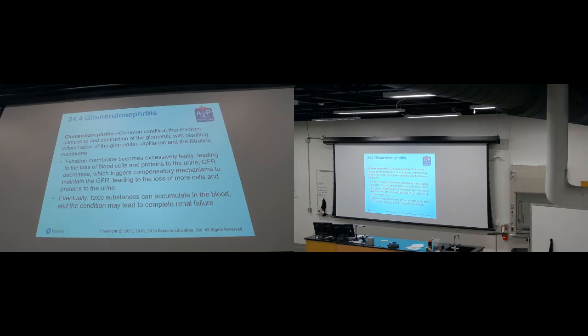So you can have an excessively leaky filtration membrane that can lead to the loss of cells and protein, and that can lead the person to have accumulation of fluid in the interstitial space, because the oncotic pressure that is given by the proteins is lost, because your proteins will go into your urine. This is known as proteinuria, and this is not good.